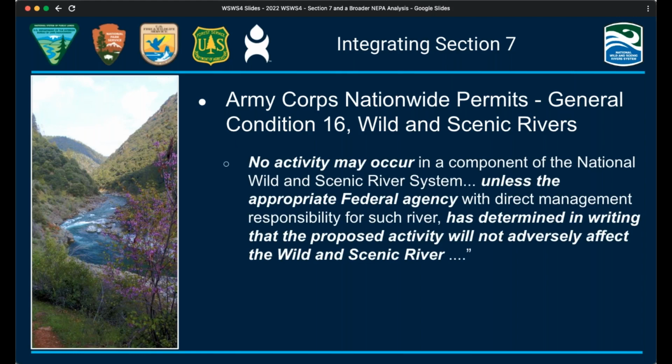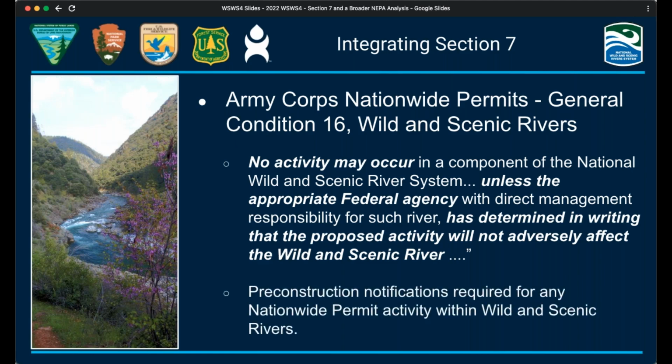Nationwide permits do not authorize an activity on a wild and scenic river without a written determination from the River Administering Agency that the activity will not adversely affect the designated river or study corridor. This pre-construction notice is made by a proponent to the Army Corps for any project within a wild and scenic river corridor.